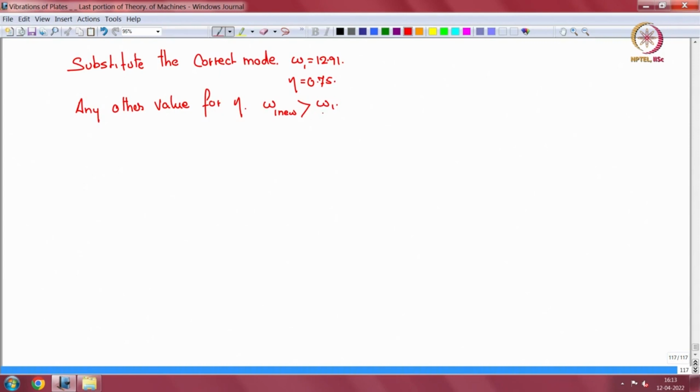So the value is bounded by omega 1 on the lower side. So you can kind of see for various values of eta what is going to happen. Let us say eta is 0.7 over here, you take all other values and you approach 0.75, beyond that it will go up again.